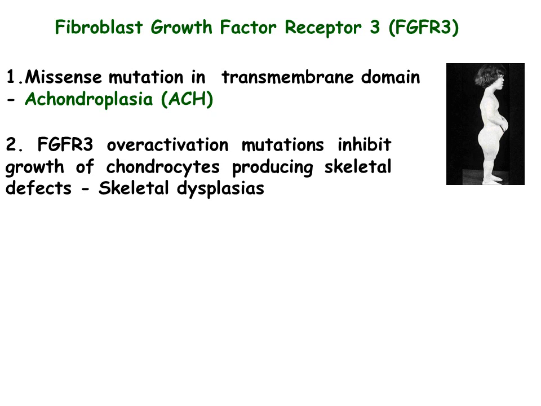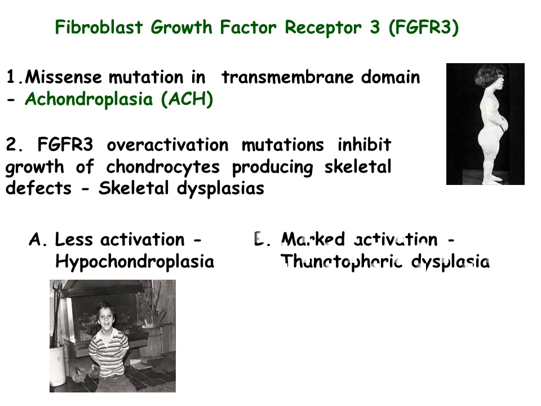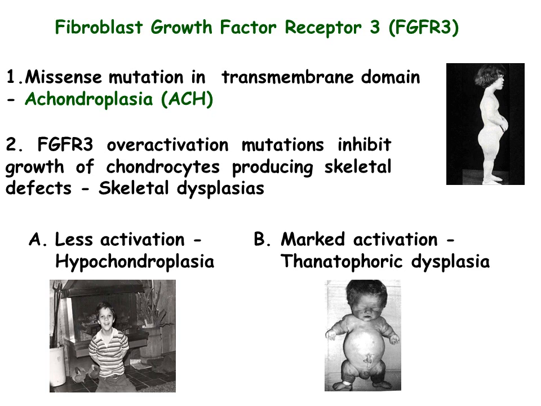Sometimes you can get overexpression of some of these, and that causes a defect as well. Less activation, hypochondroplasia. Marked activation, and you get something called thanatophoric dysplasia. And you can see it's much more severe.